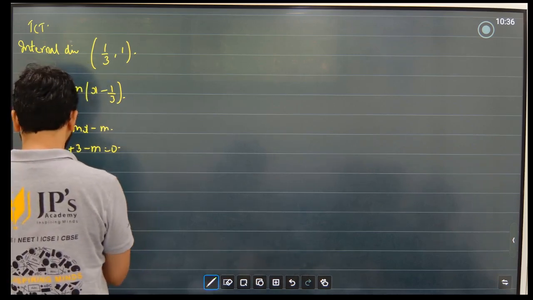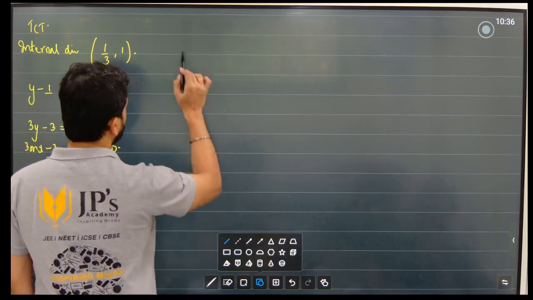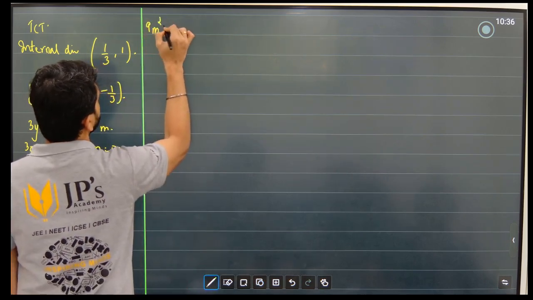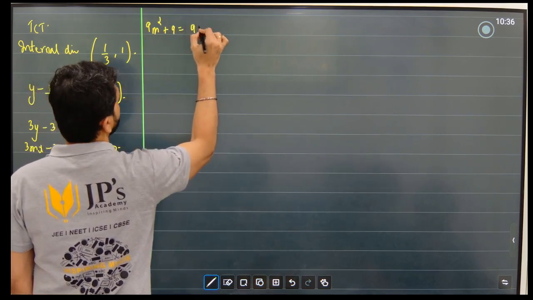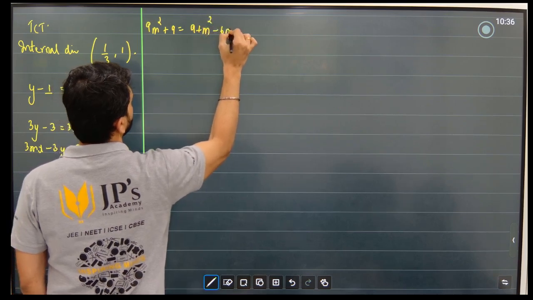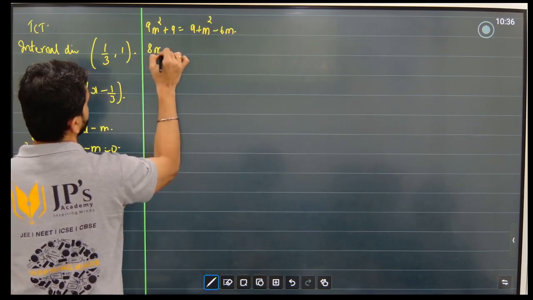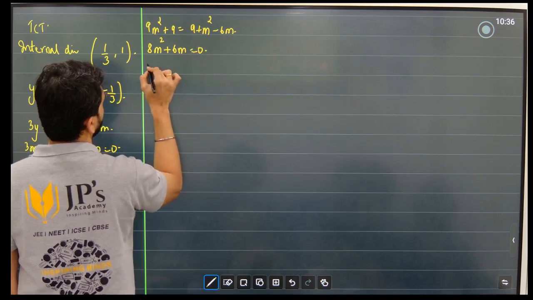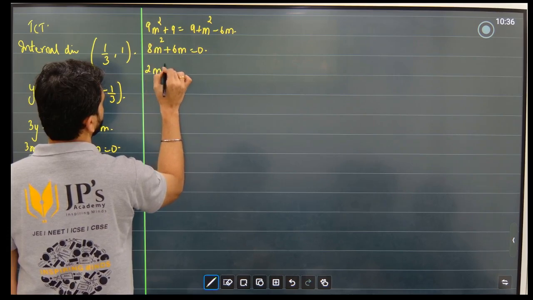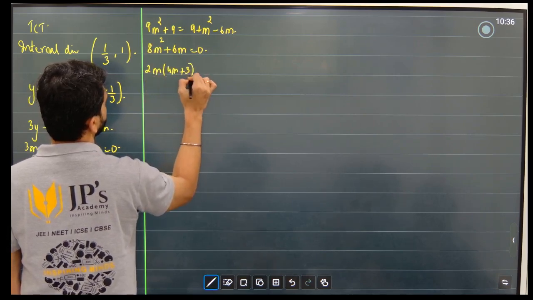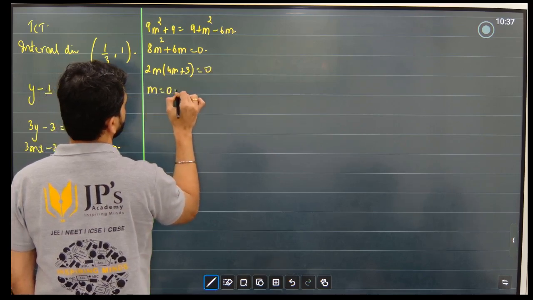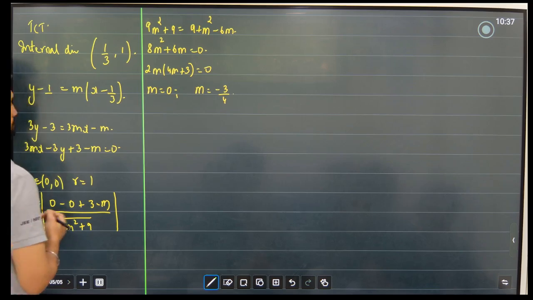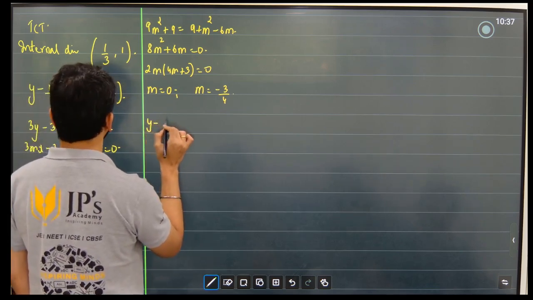So this will become 1 is equal to minus 1.